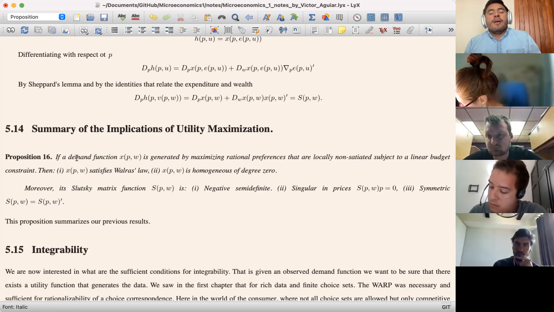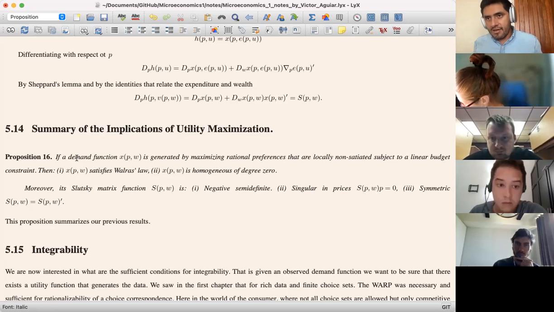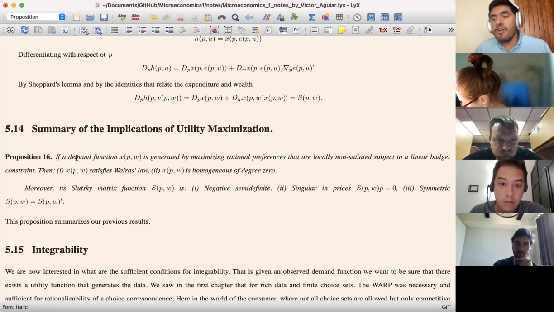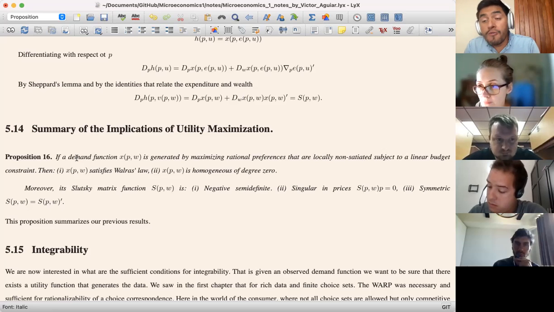Okay. Now, what is the punchline of this chapter? It's going to be that these are, in fact, all the empirical implications of rationality or utility maximization.